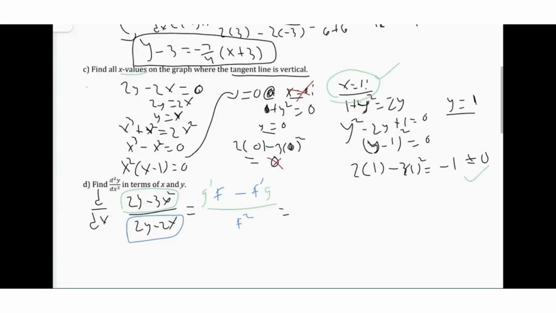So in this question, there's implicit differentiation going on within multiple parts of this.